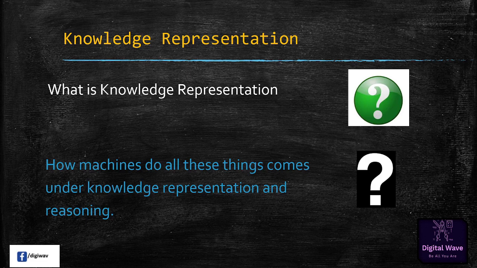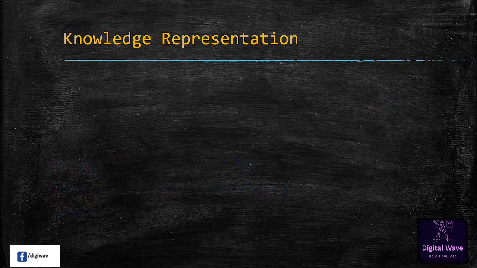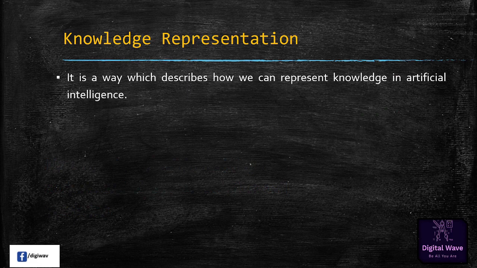Here we can describe knowledge representation in some terms. It is a way which describes how we can represent knowledge in artificial intelligence. Knowledge representation and reasoning is the part of artificial intelligence which is concerned with AI agents thinking and how thinking contributes to intelligent behavior of agents.